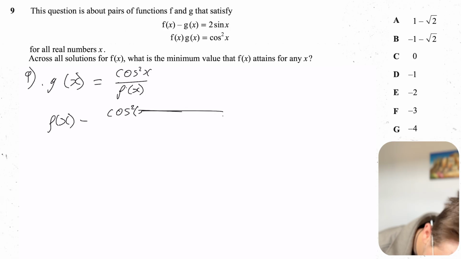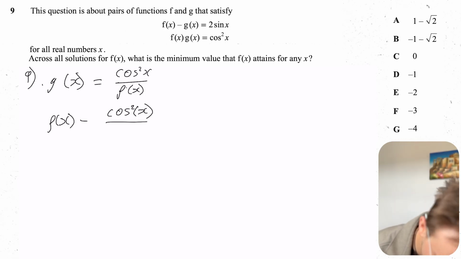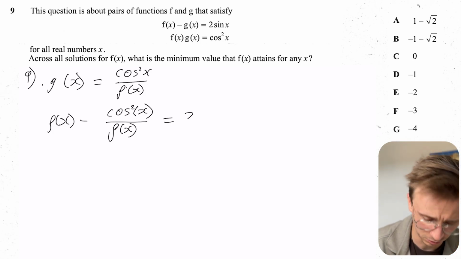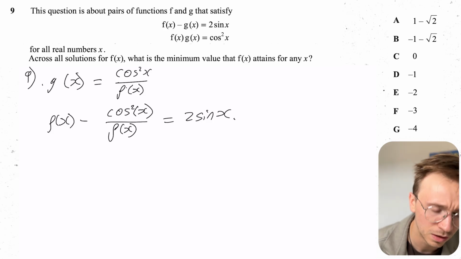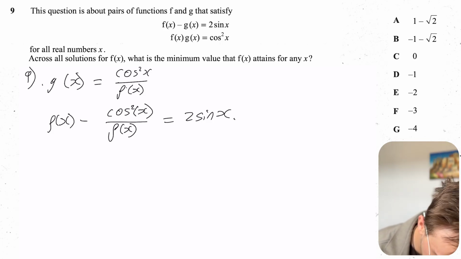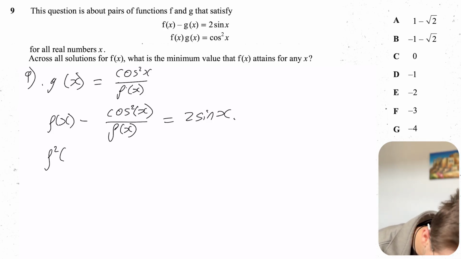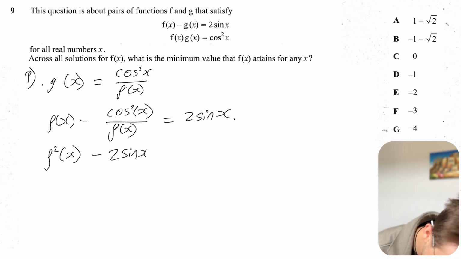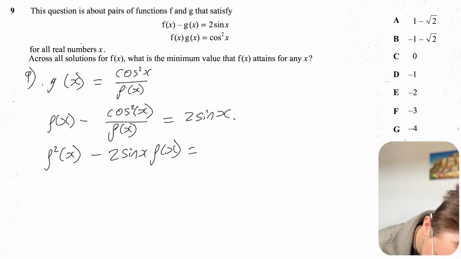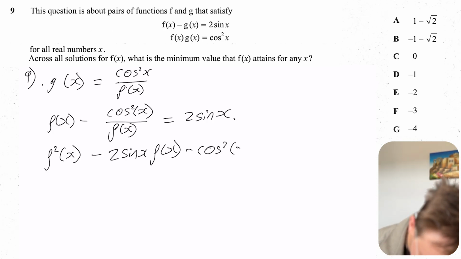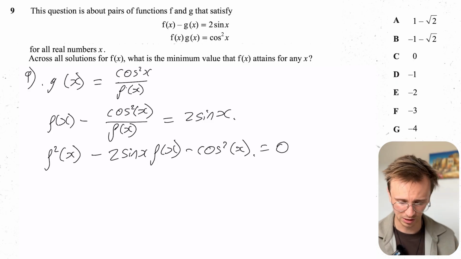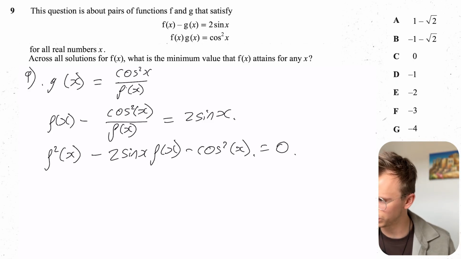So cos squared x over f of x equals f of x minus 2 sine x. Then we're going to multiply everywhere by f of x, so f squared of x minus 2 sine x f of x equals cos squared x. Does this help me? Not sure it does.